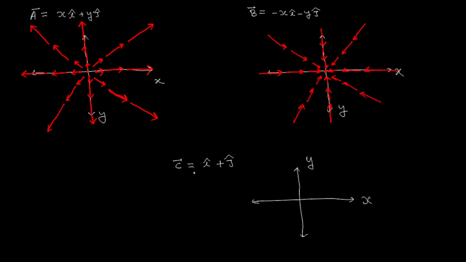And then if we want to represent this third vector, i cap plus j cap, it's independent of x and y, so everywhere, whatever value we put, the magnitude will be root 2, and the direction makes 45 degrees with the x-axis and y-axis. So we can represent it this way.